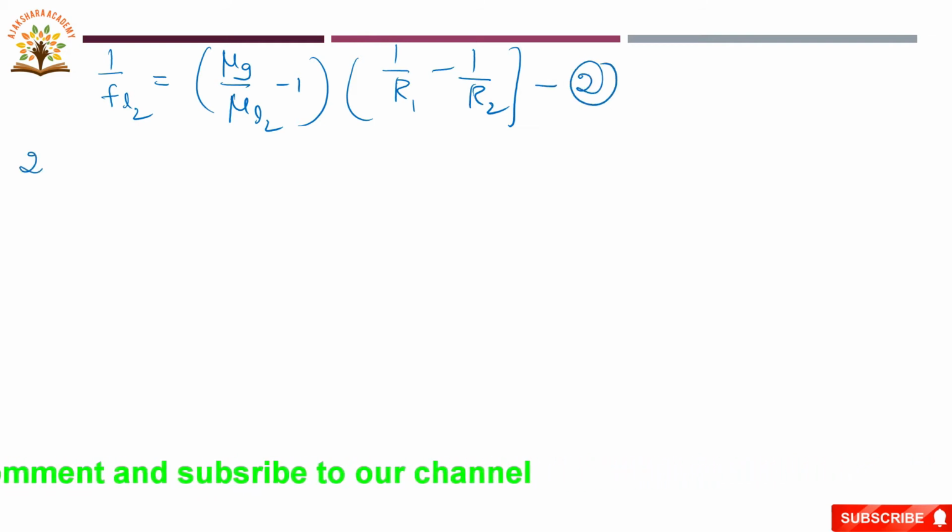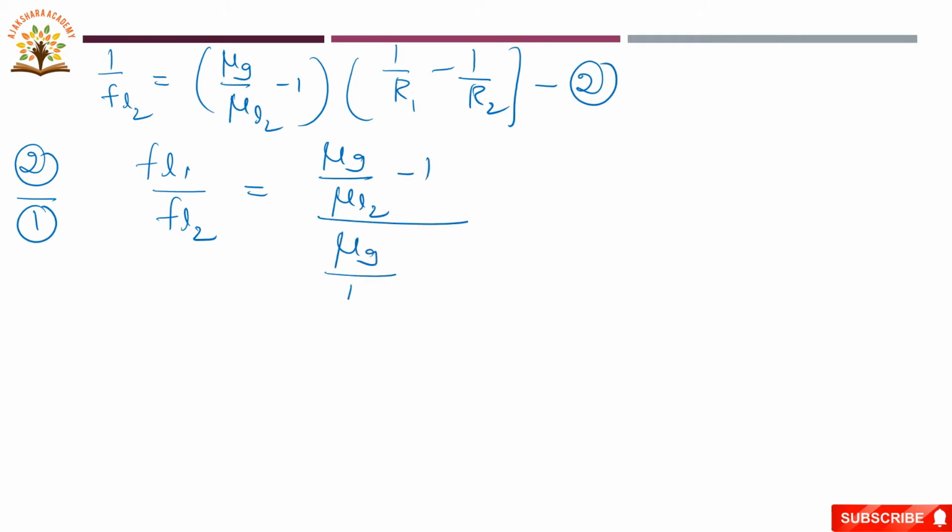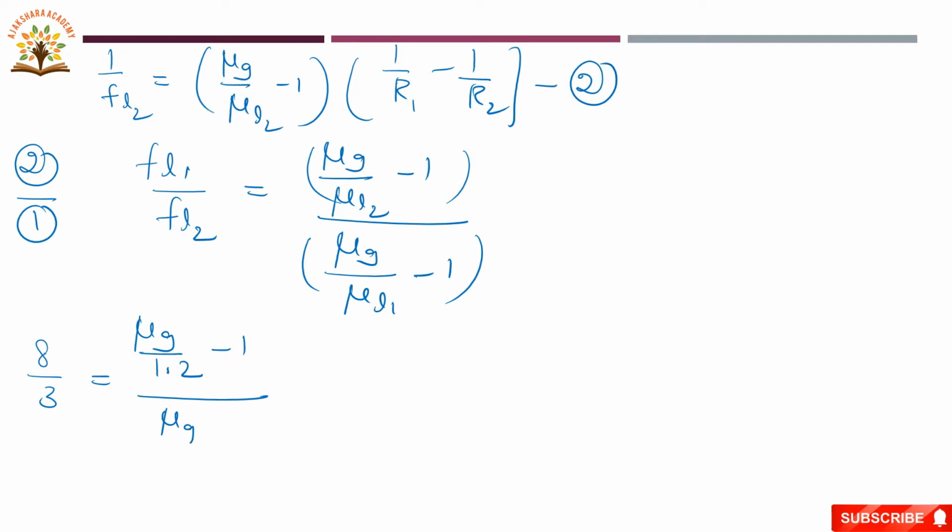So, equation 2 by equation 1, we get F L1 by F L2 is equal to (mu G by mu L2 minus 1) by (mu G by mu L1 minus 1). So, substituting given values, 8 by 3 is equal to (mu G by 1.2 minus 1) by (mu G by 1.6 minus 1).